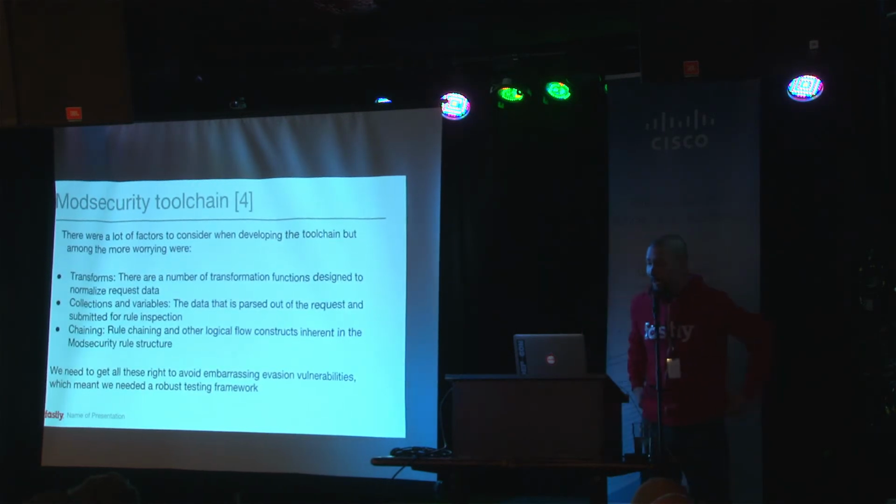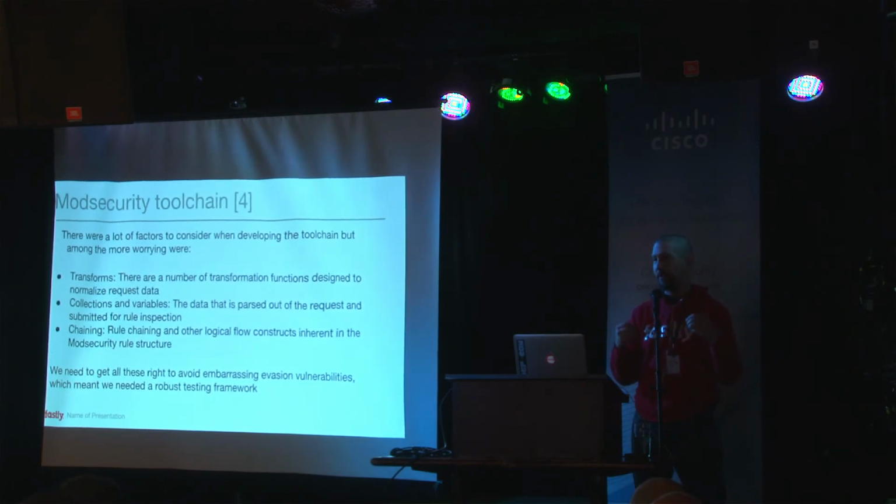A lot of people think it's very risky to try to replicate the functionality of tools that are already out there. There are a lot of things that can go wrong, especially since we're using a rule format. So there are a few areas that we're really worried about. ModSecurity has something called transforms. The way to think about a transform is that it normalizes the data so that you don't have to write a bunch of rules to look for the same attack.